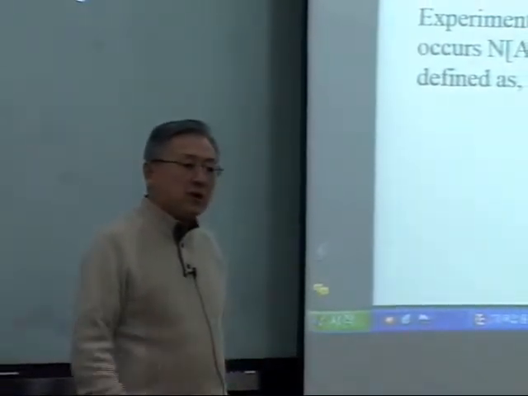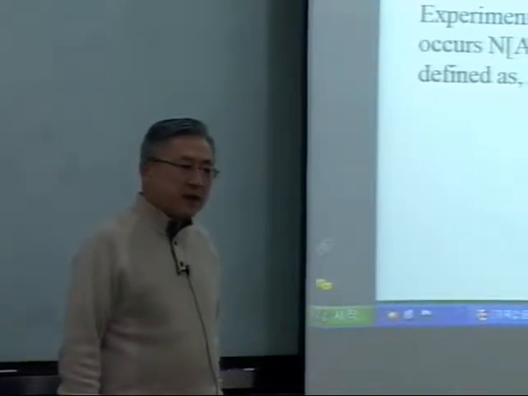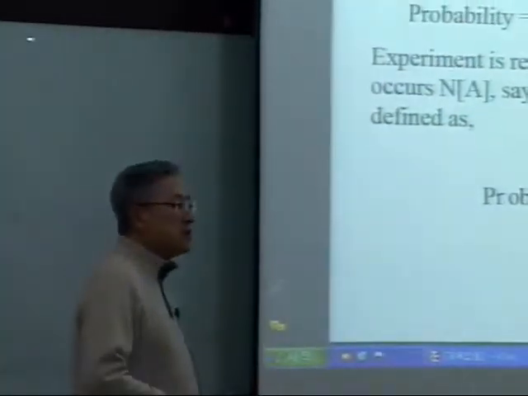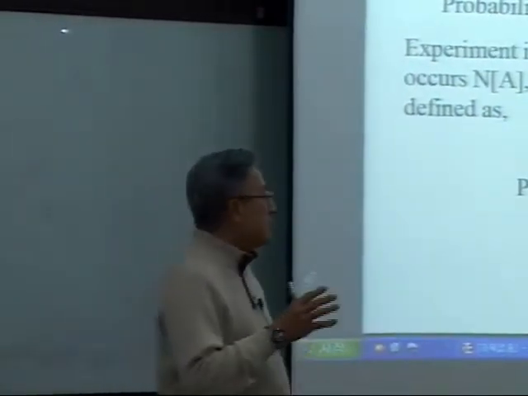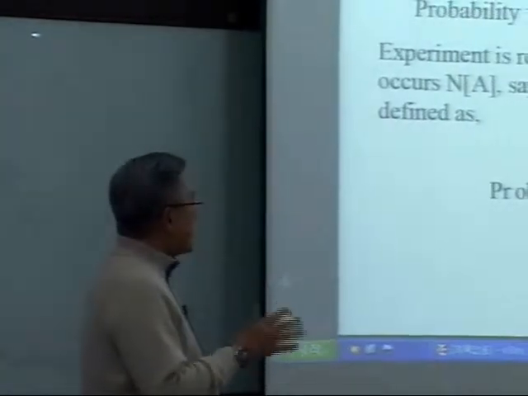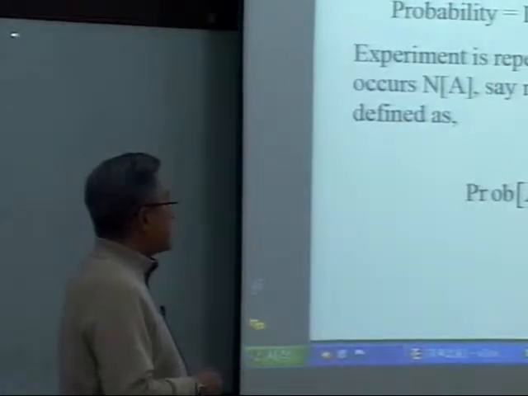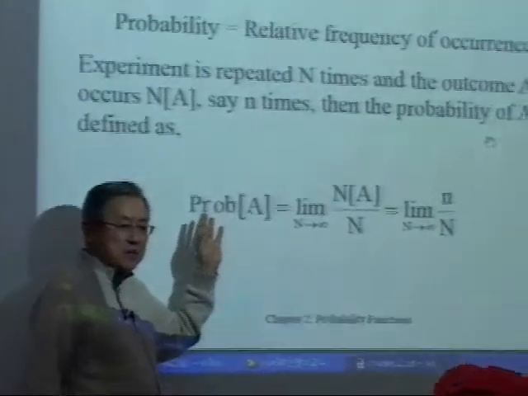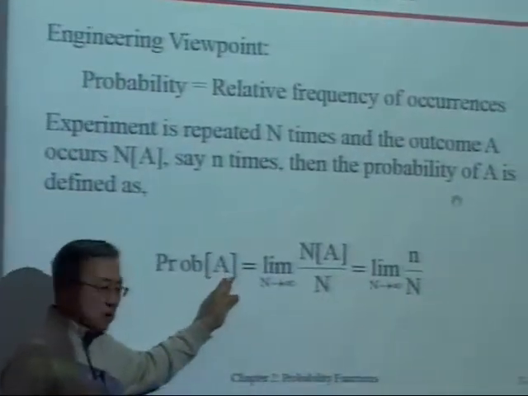Capital N, and the number of times event A occurs, let's say, is small n, equal to N(A). Then the probability of A, which means the probability that event A appears or occurs, is defined as, I use PROB, the probability that event A occurs.